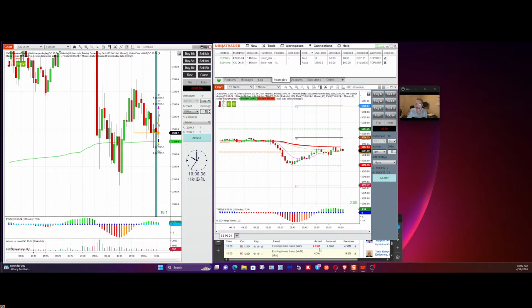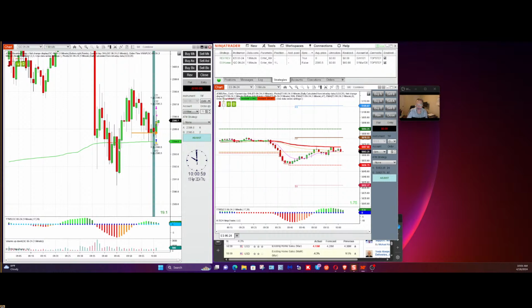So it hit my first target, just a target one winner. I tried to grab that second target, and it kept dropping on me. I couldn't grab it.